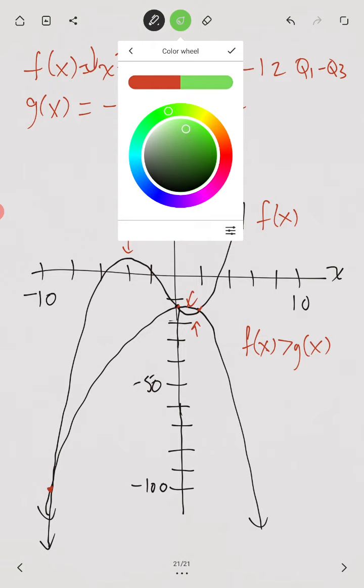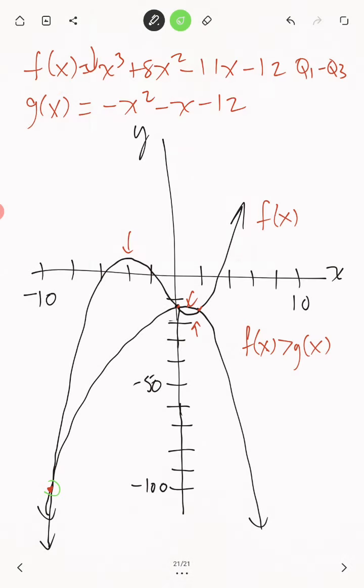So between this point of intersection and this point of intersection, f of x is above g of x in this whole interval here. And then in the next interval from here to here, it's below, so we don't include that here. But again, from this point of intersection to infinity, pretty much, f of x is above g of x.